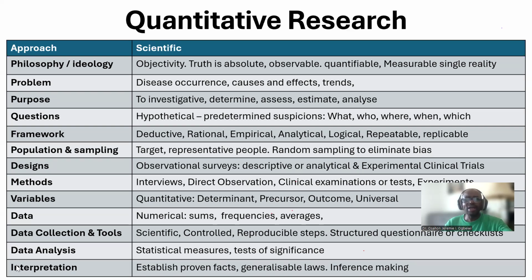Disease occurrence is a problem that can be quantified. The causes, the effects, the trends, and the other factors affecting them can very often be quantified.